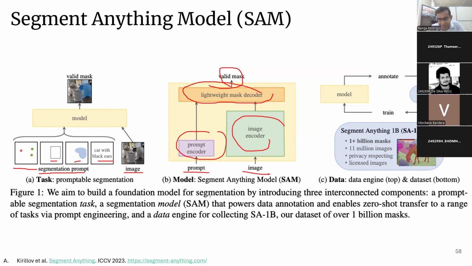So this data engine part is also very important in the segmentation model. They had the model and they had the data: 1 billion masks, 11 million images, privacy-respecting licensed images.